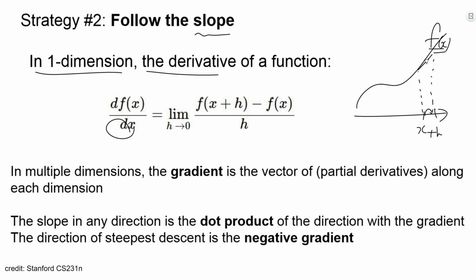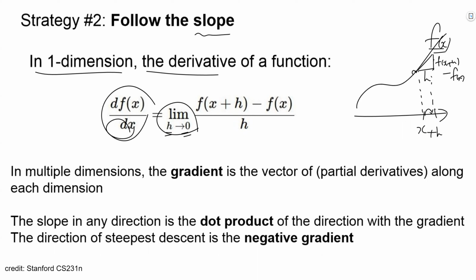And this is going to be our slope. So we measure this value: f(x plus h) minus f(x), divided by h. And as we take the limit and h goes to 0, this becomes the slope at point x. And this is the definition of the derivative.